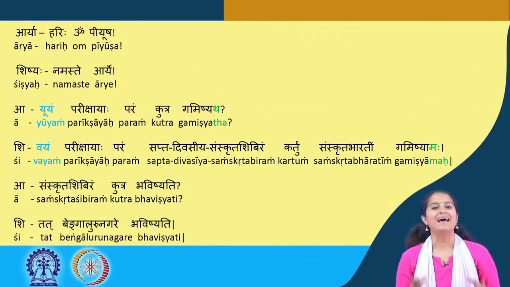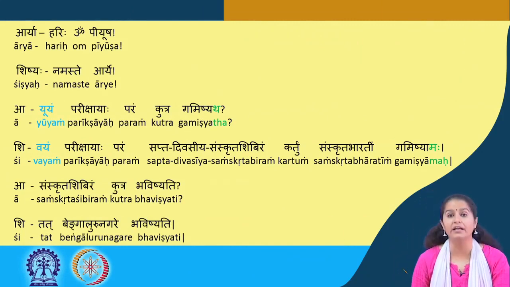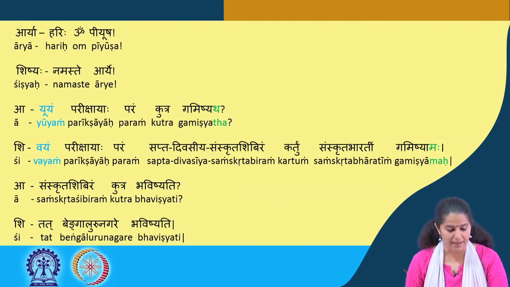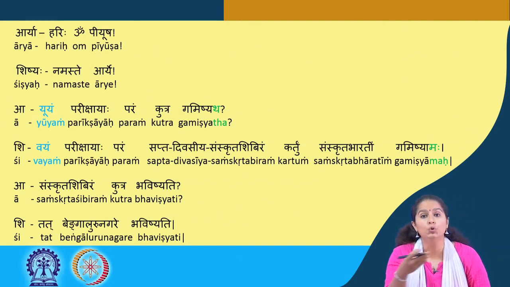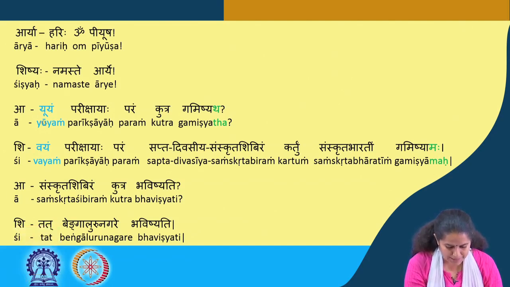Alright, so let's analyze this conversation. Here we have Arya Hari Om Piyush, and then he says Namaste Arye, and then the question was Yuyam. Like we have been doing in the previous cases, we will be indicating which person. So which person is it? It's the second person plural, the first case.